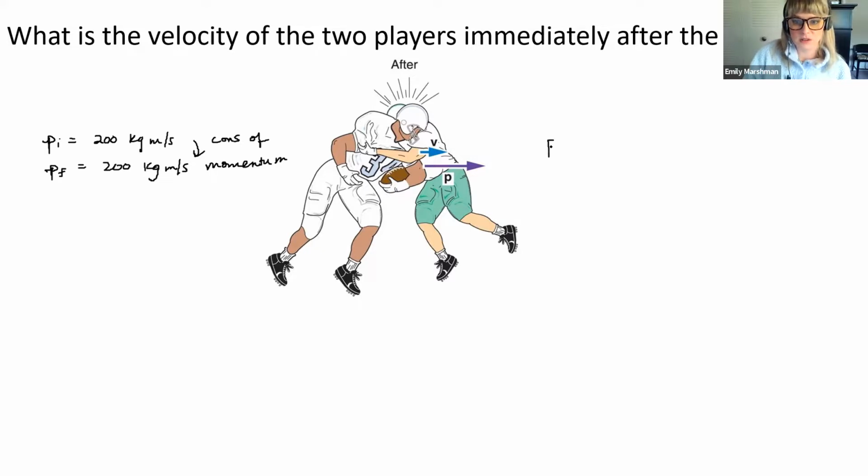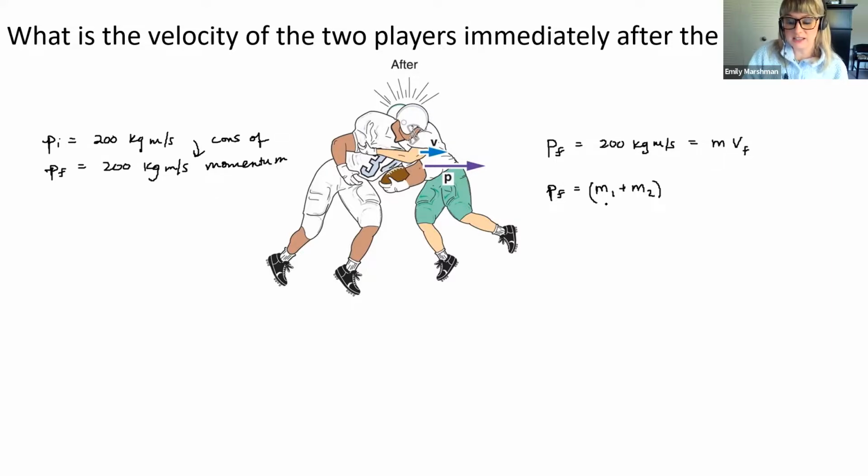So if I know that the final momentum is 200 kilogram meters per second, the final momentum is equal to the mass times their final velocity. Now, since they collide and stick together, the mass after they collide is the total mass of player 1 plus the mass of player 2.